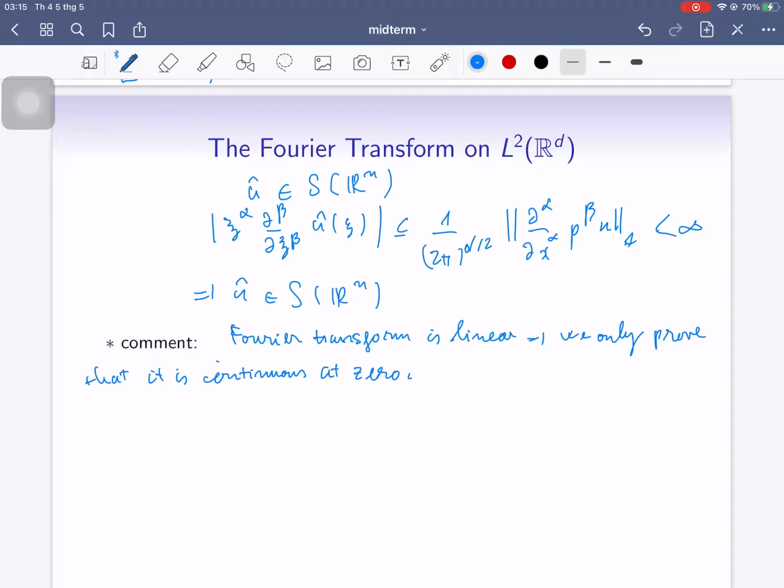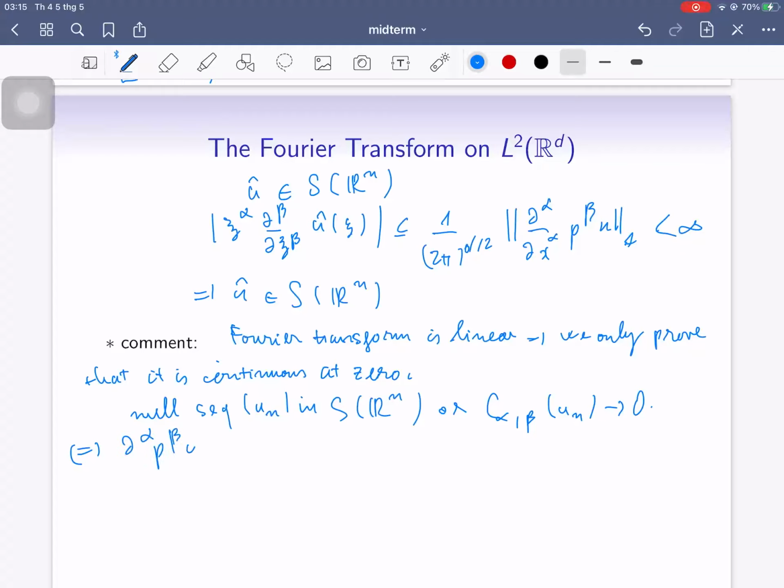Now we consider a null sequence u_n in the Schwarz space, where C alpha beta of u_n goes to 0. This is equivalent to the derivatives of u_n for all alpha, beta going to 0 uniformly.